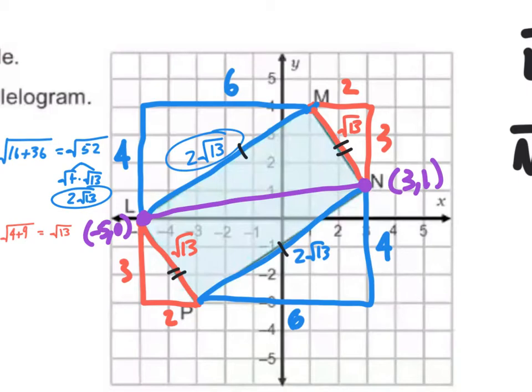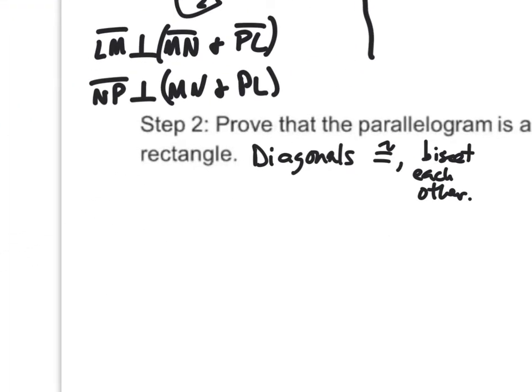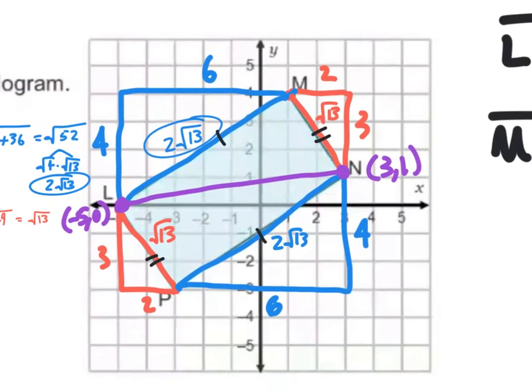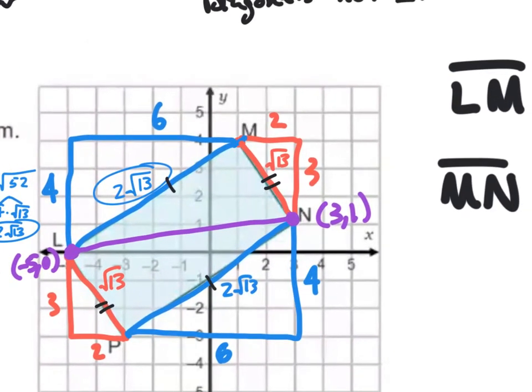So let's say LN, let's put that down here, LN, and that contains the points negative 5, 0, and 3, 1. And then let's do another diagonal. Let's do PM. So P to M, and let's draw that line. And what I know, P is the point negative 3, negative 3.